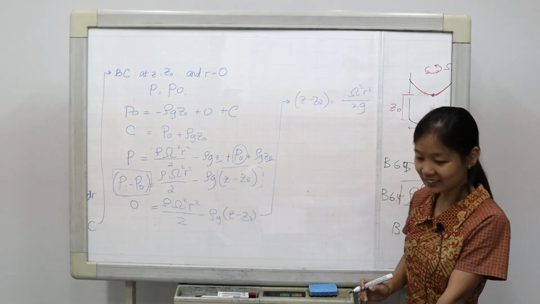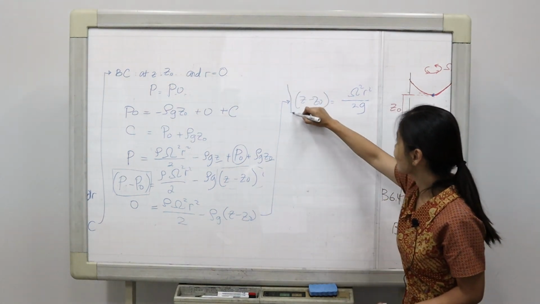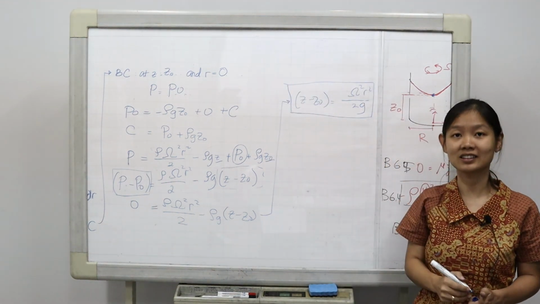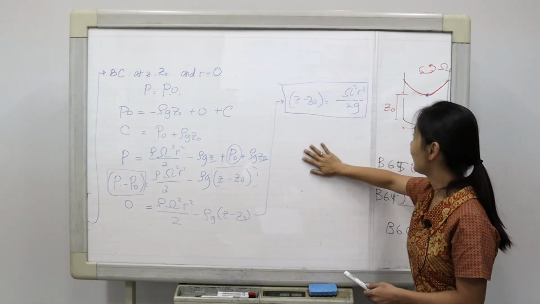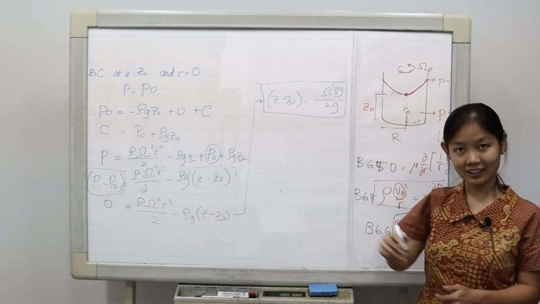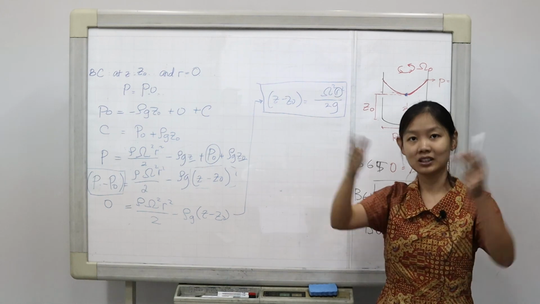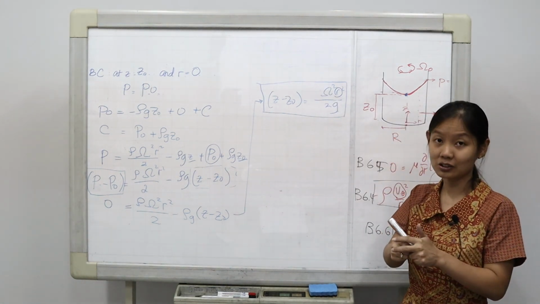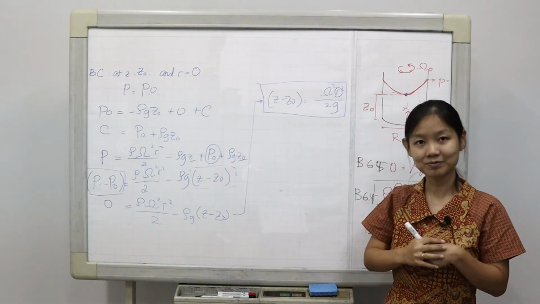Am I correct? I think so. So at the end, we got the height distribution of the fluid inside the tank. It is a function of r. If you put different radius, the height will be different, because ω and g are constant. So it only depends on the radius from the center.